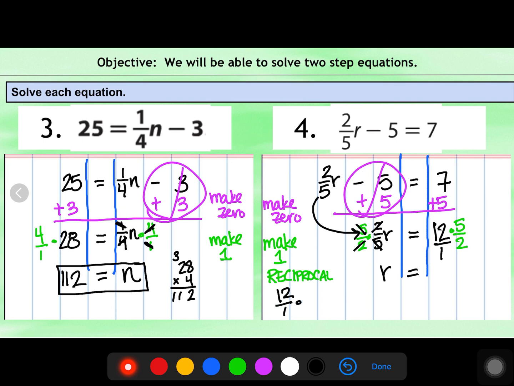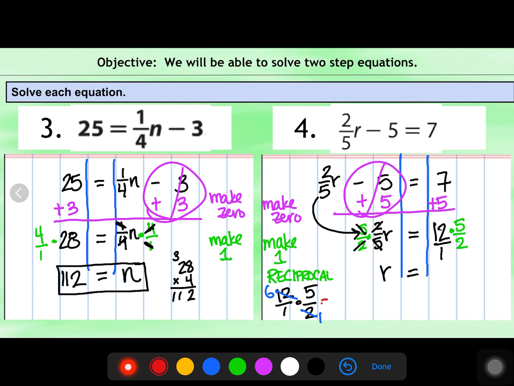We might have to do a little bit of work off to the side. So 12/1 times 5/2. I notice, because you can do, I call it diagonal division. That's really what this is. 2 goes into 12 6 times. And 2 goes into 1 time. So this really becomes a 1, and that becomes a 6.